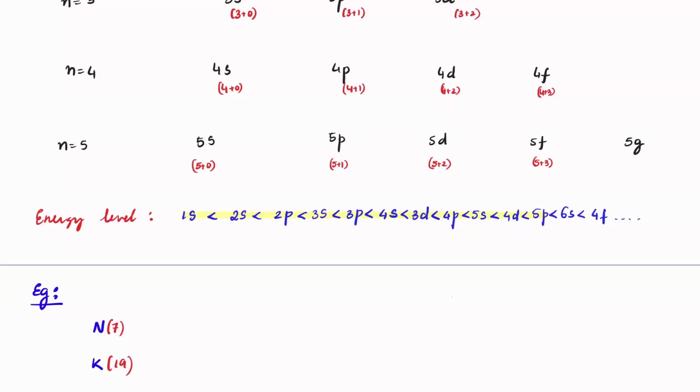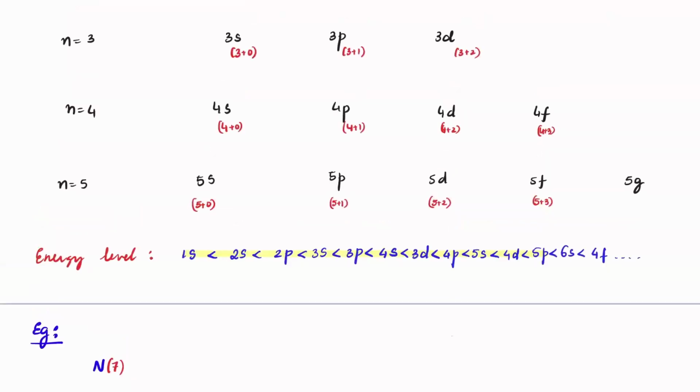Now, let me tell you, when it comes to an s subshell, the orbital is only 1. So you will only have one orbital here, and here also we have only one orbital. But when it comes to 2p, it will have three orbitals, because you have three different magnetic orientations: -1, 0, and +1.